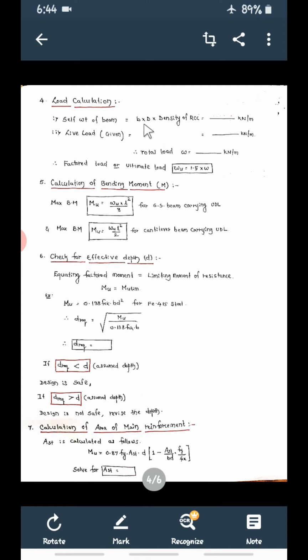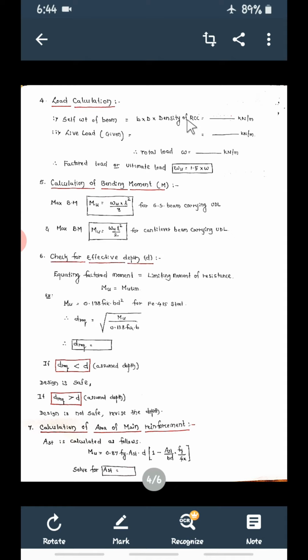If you know the area of the beam, area means small b, that is the width of the beam, into capital D. It is the overall area. Small b into capital D is the area, multiplied by the density of RCC. The beam is made up of RCC; concrete will be there, steel will be there. So we have to take the density of RCC.